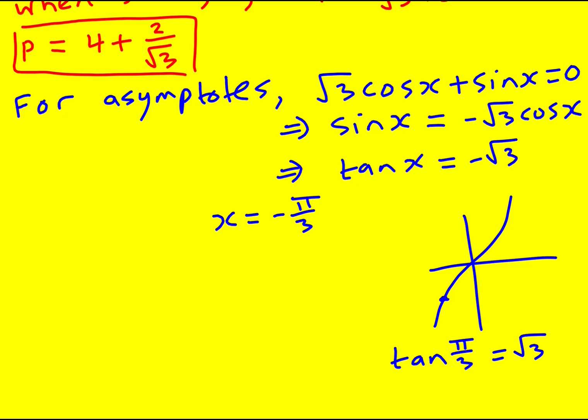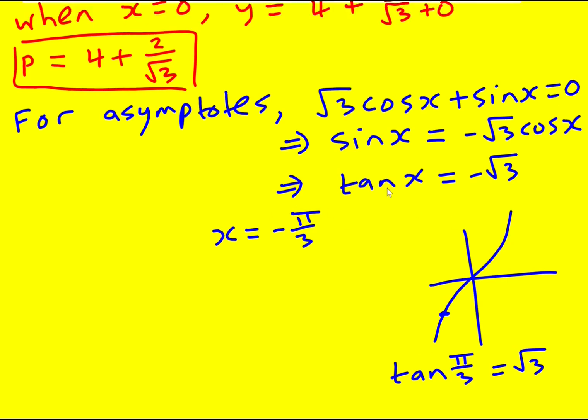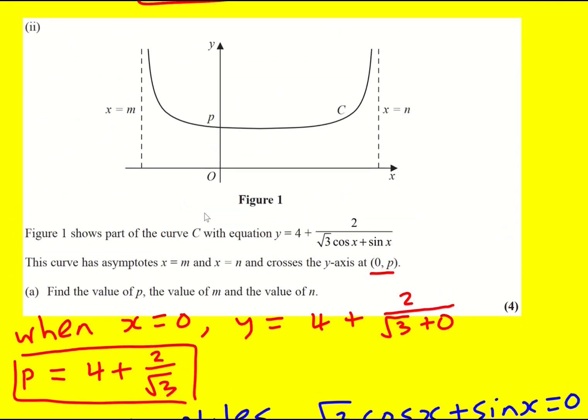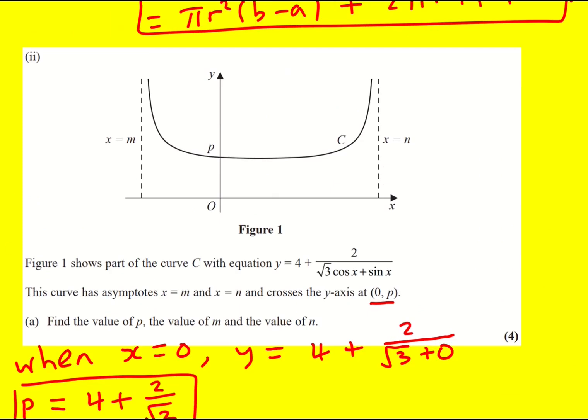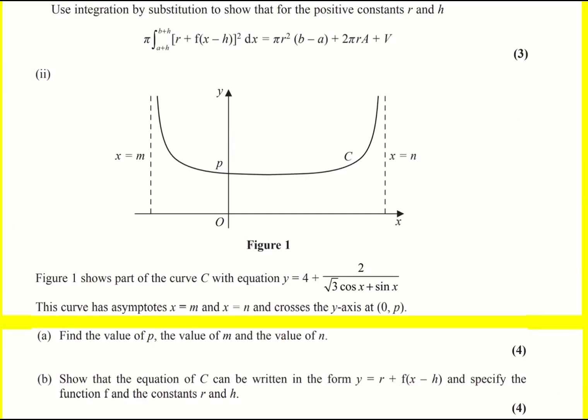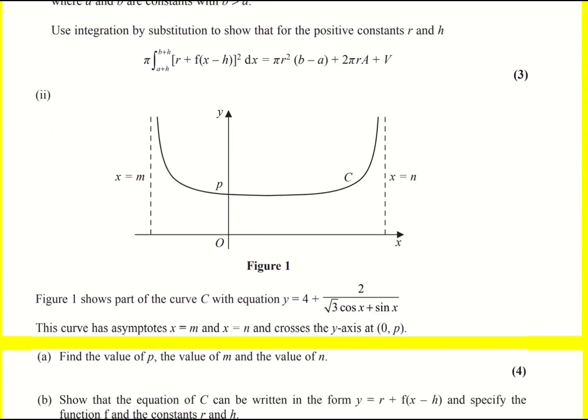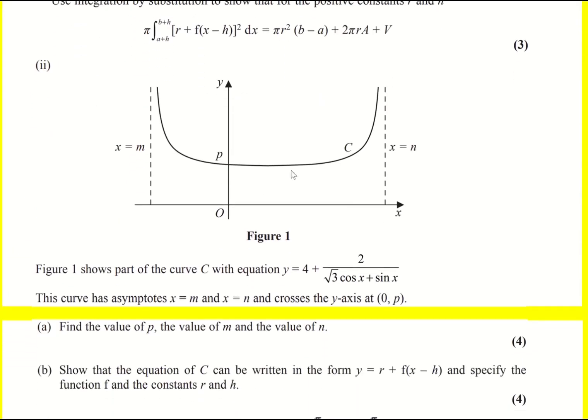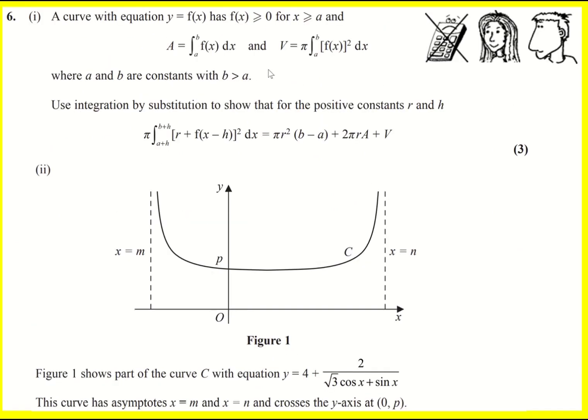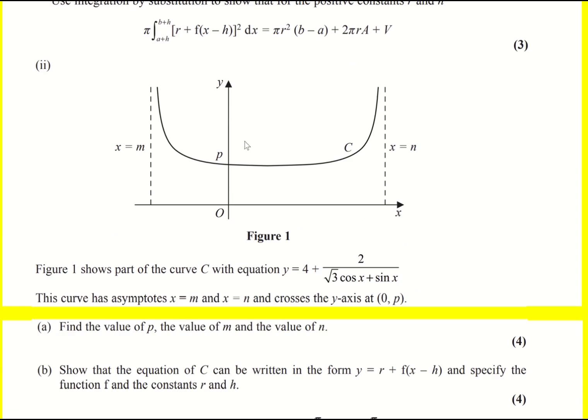That would be down here. Now remember, we are looking between... we don't have full information on all the possible values of x, but I can see that I've got a negative solution here.